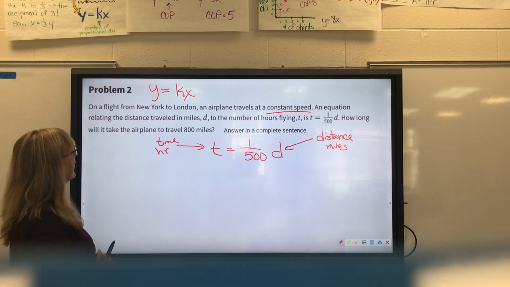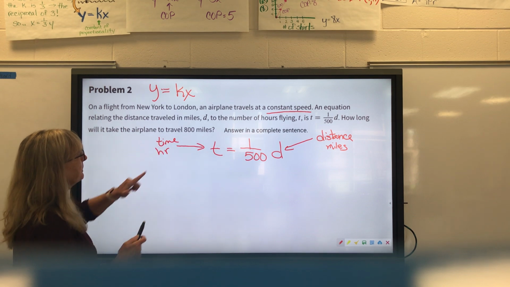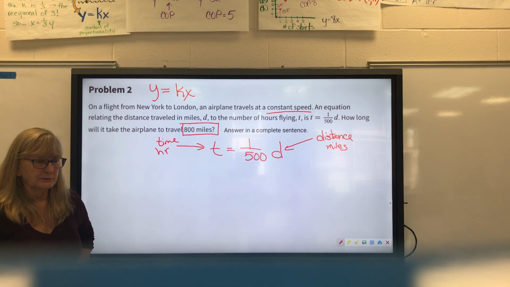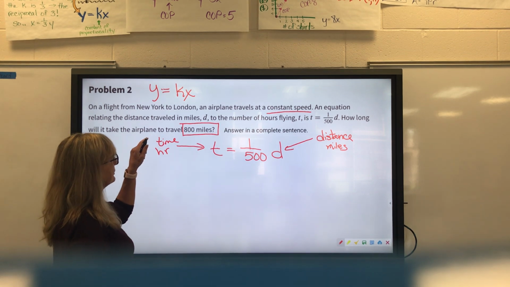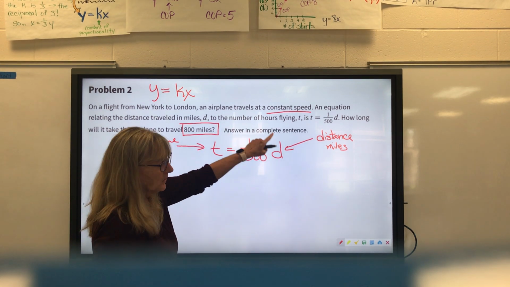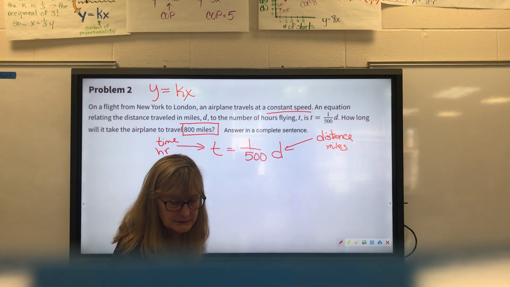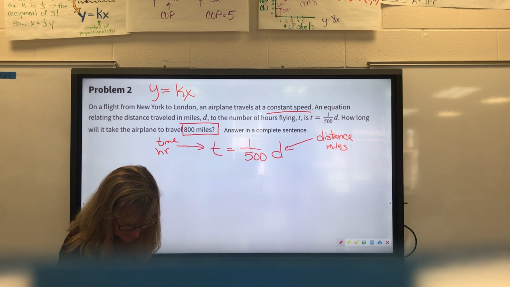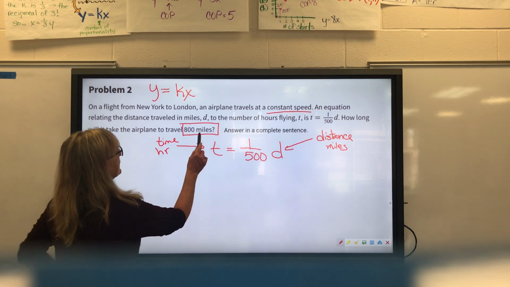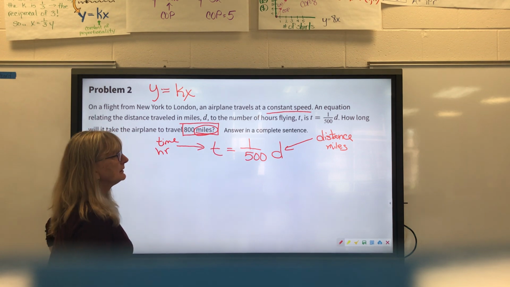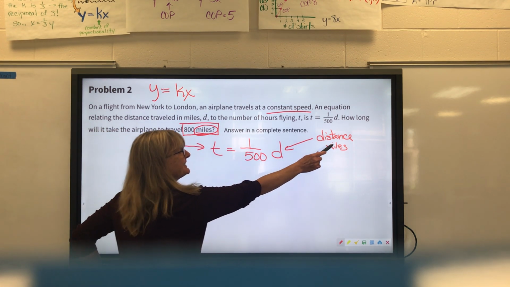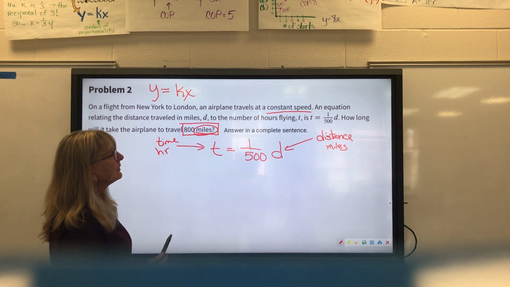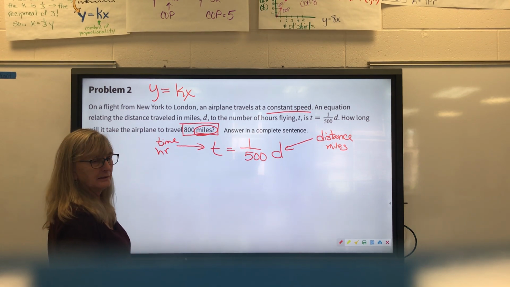All right. Now, how long will it take the plane to travel 800 miles? Is 800 the time or the distance? What's the unit here? Miles, so it's distance, right? Okay. What are they asking us to find?